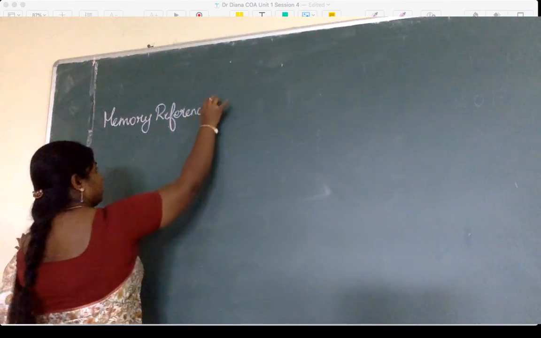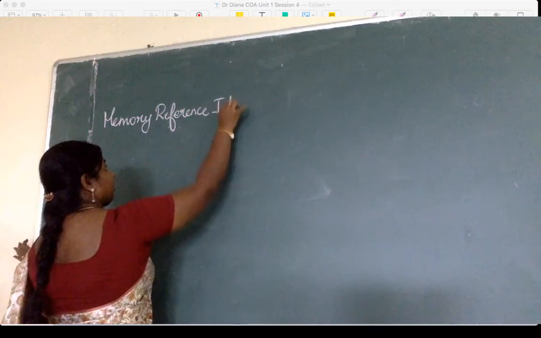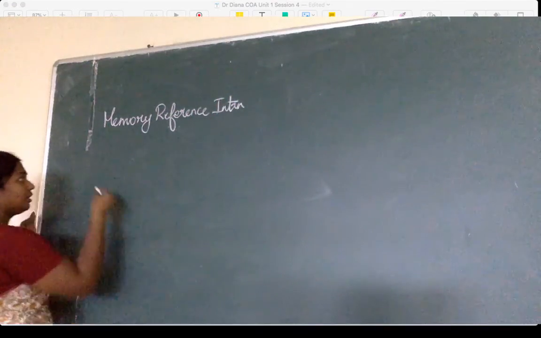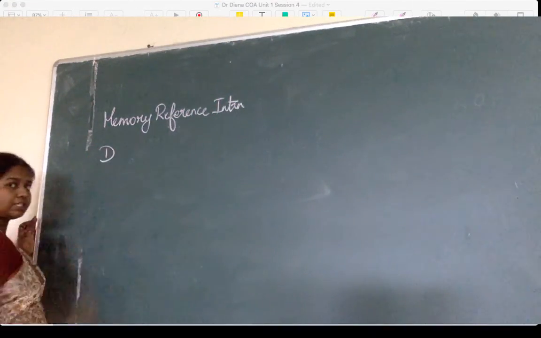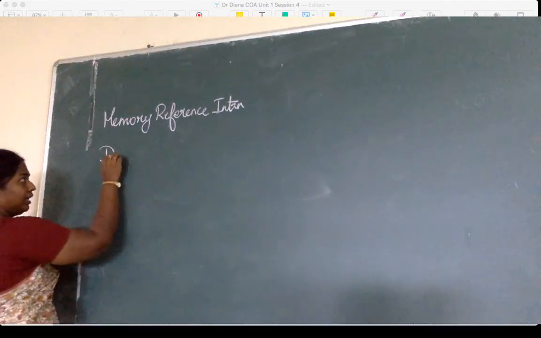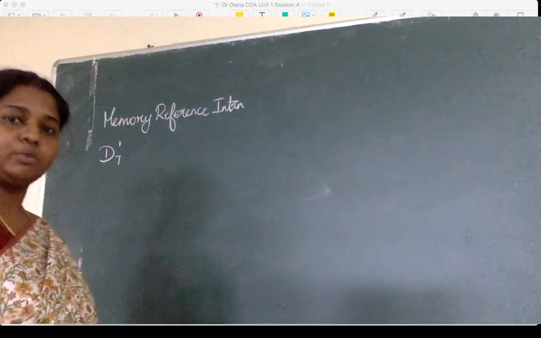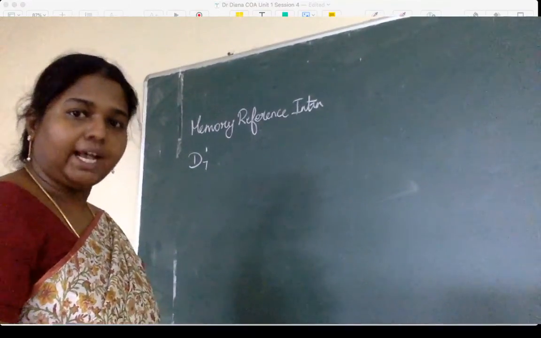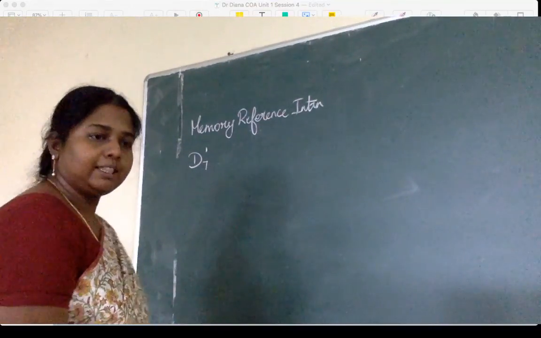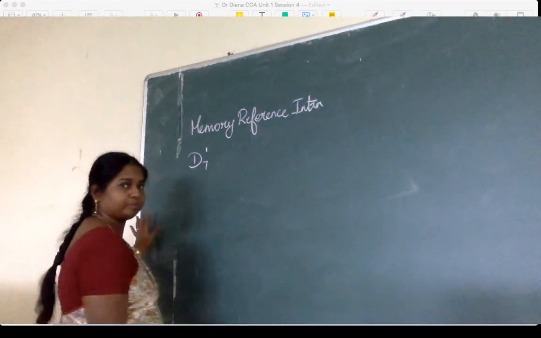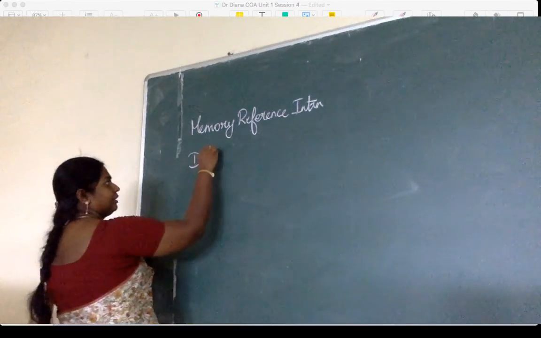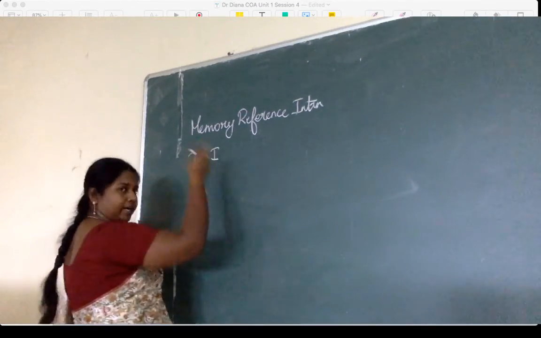so I'm going to talk about memory reference instruction. Memory reference instruction happens when D7 is 0. So all control information will start with D7 dash, and then it can either be I or I dash.